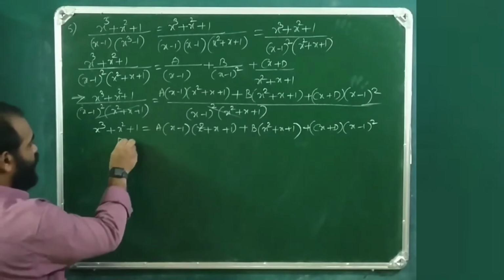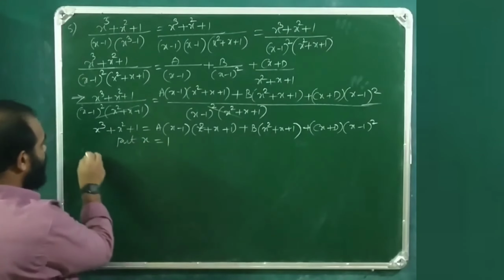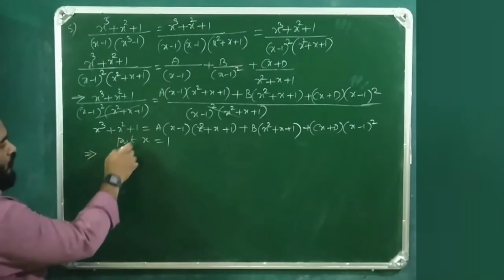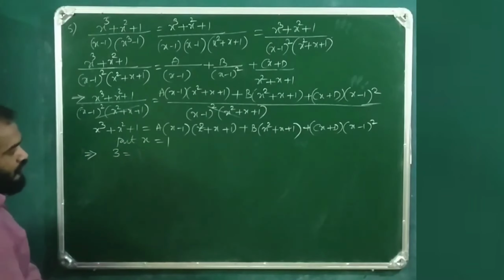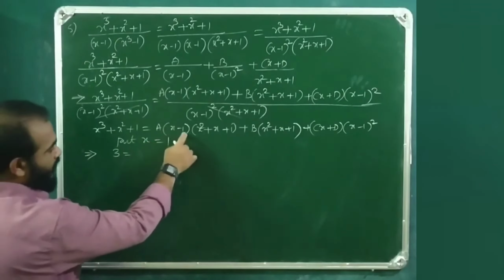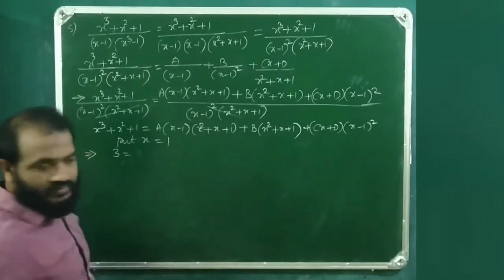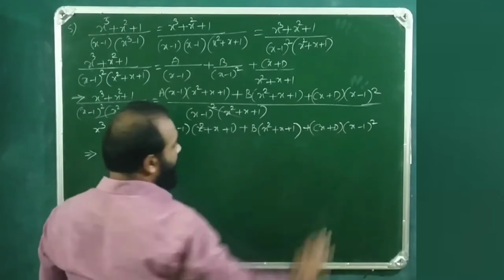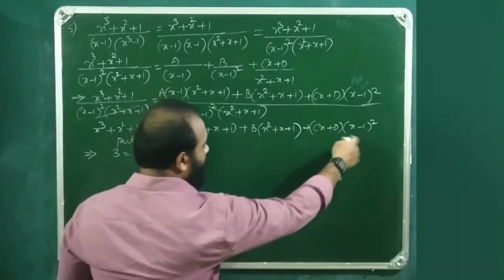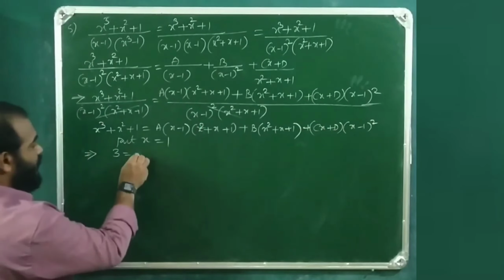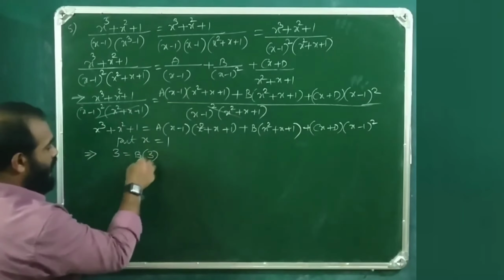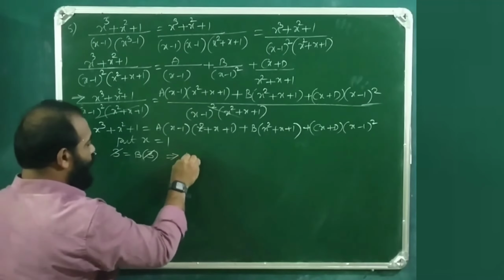Put x equals to 1: 1 cube plus 1 square plus 1, so 3. If you substitute, 1 minus 1 is 0, so the first term and last term get cancelled. So B into (1 square plus 1 plus 1), so 3. B is equal to 1.